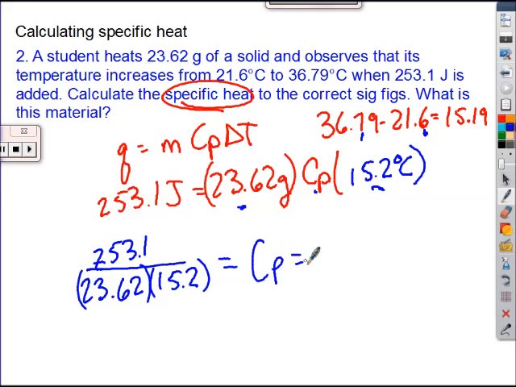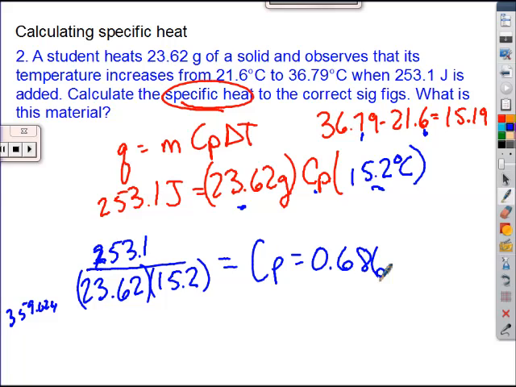Take a second and calculate that. Okay, so the bottom is 359.024. So 0.686.